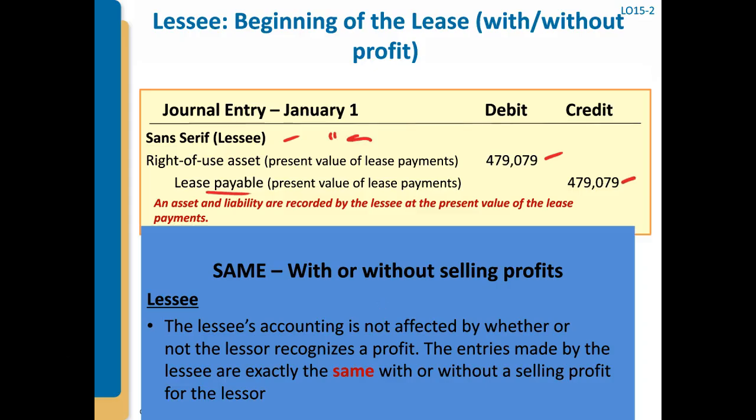Because it's a finance lease slash sales type lease, the lessee records the asset on its books because we're going to treat it more like a sale, which means that the lessee purchased an asset. So this is just to show you that it's the same with or without selling profit for the lessee side.